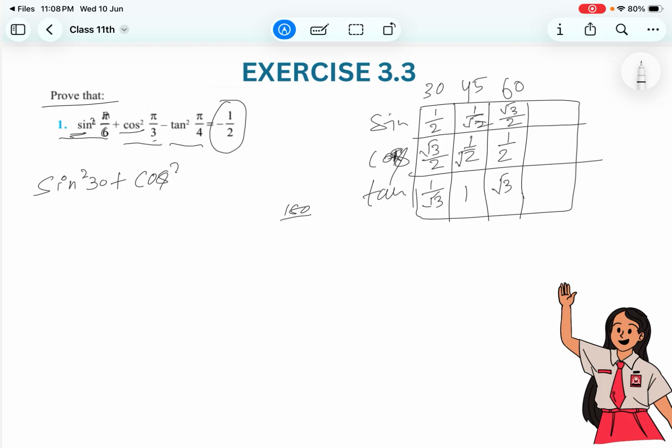Pi is 180 degree by 3, so 3 sixes are 18, so this is 60 degree. Now minus tan square pi by 4. Pi is 180 degree by 4, so it will be 45 degree, right? So tan square 45 degree.